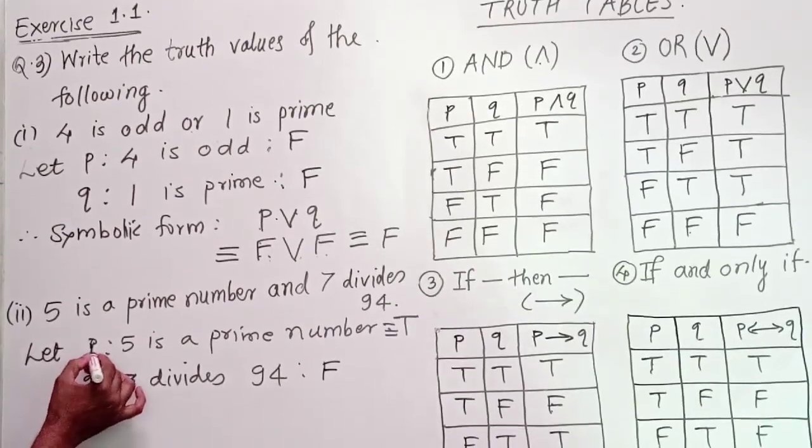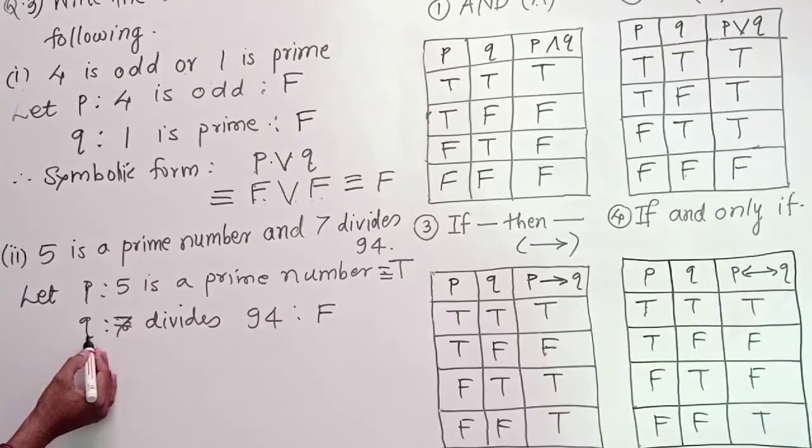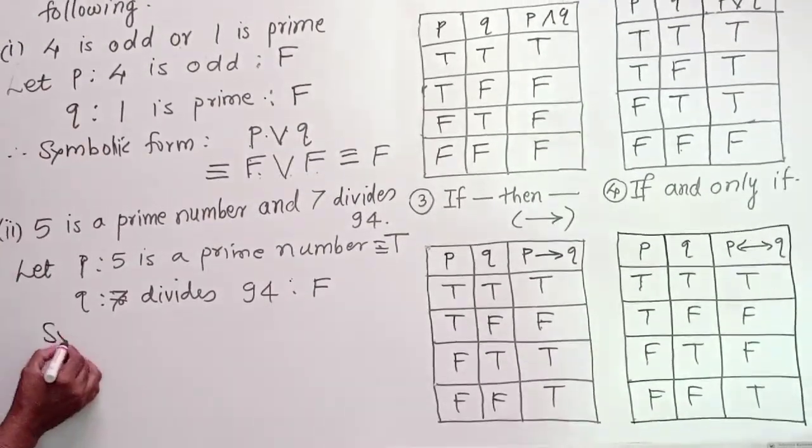Means truth value of first statement P, 5 is a prime number, is true. And second statement Q, 7 divides 94, is false. Now we write the symbolic form.